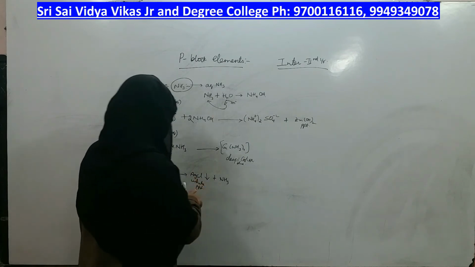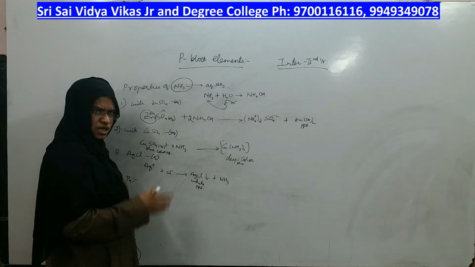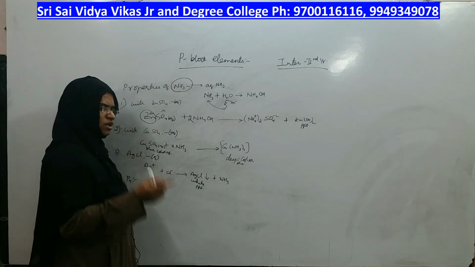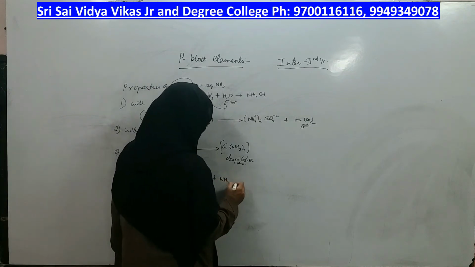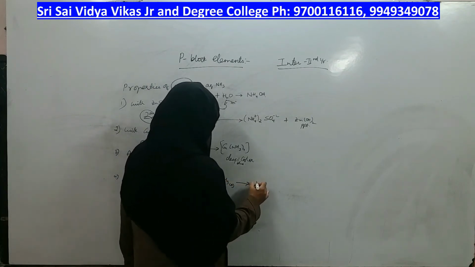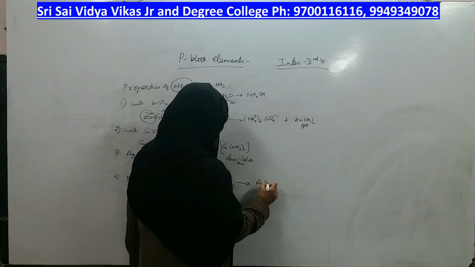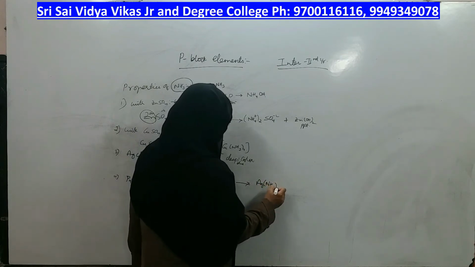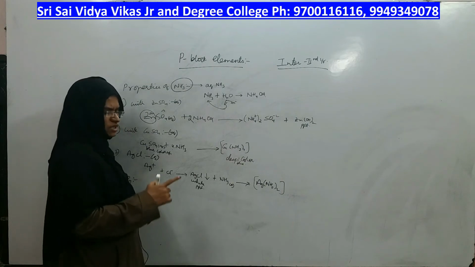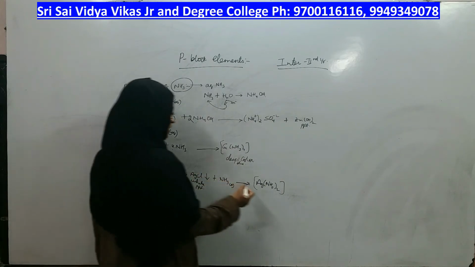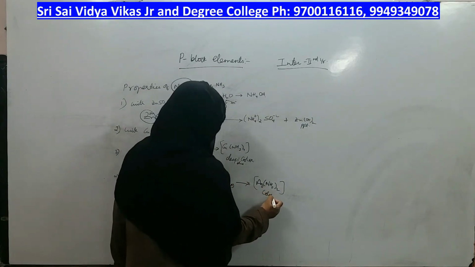So this AgCl precipitate, which is white in color, is settling down. If you add ammonia as a gas, what happens is you will get a silver amine complex. What is the color of the silver amine complex? It is colorless.